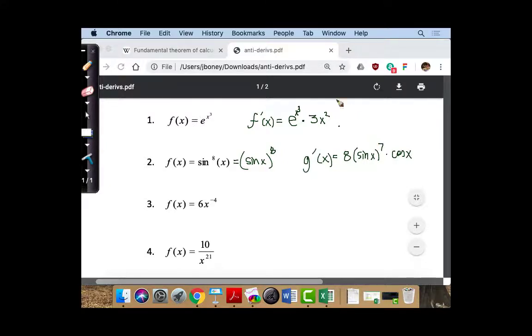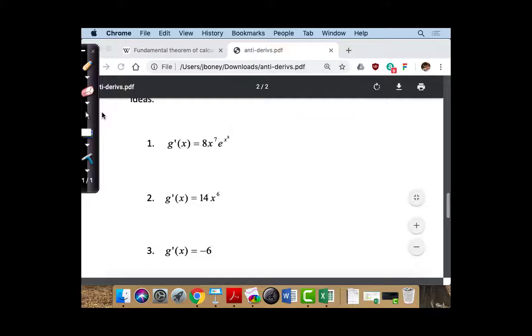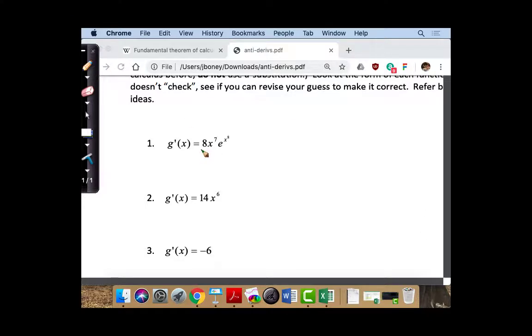So thinking about those sorts of things, if I were to ask for an antiderivative of something like this number 1 here. So finding antiderivatives, like I said, is more about thinking backwards. What could I have started with that would land me with a derivative looking like this?